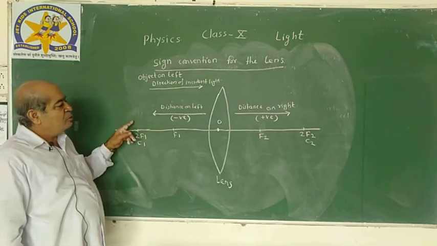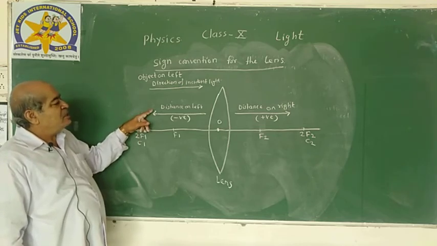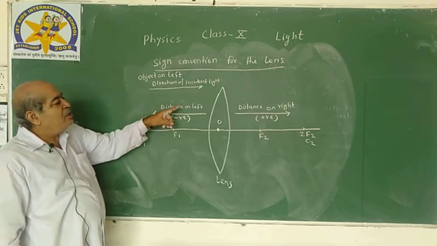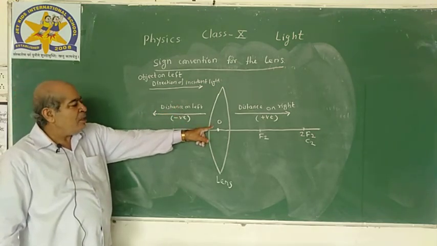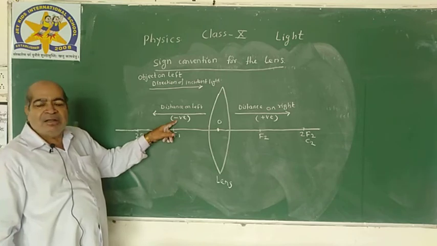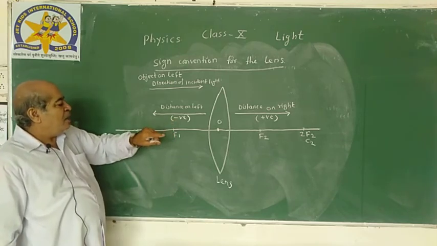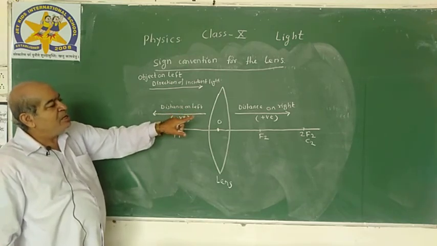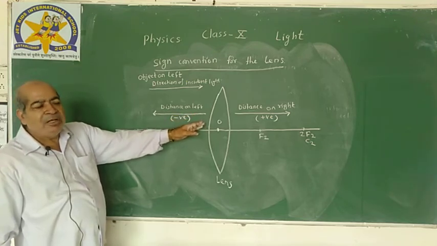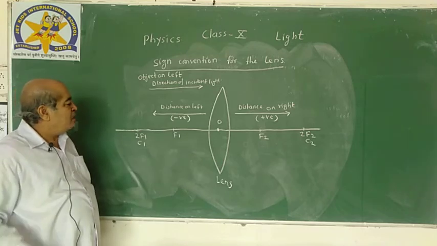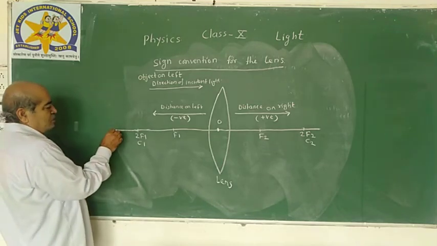The third rule is, distances measured on the left side of the optical center are always taken as negative, and the distances measured on the right side of the optical center are taken as positive.